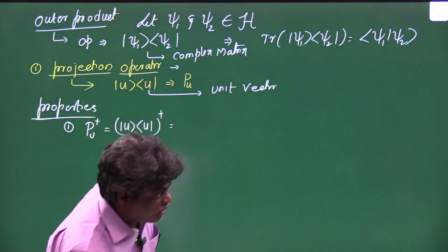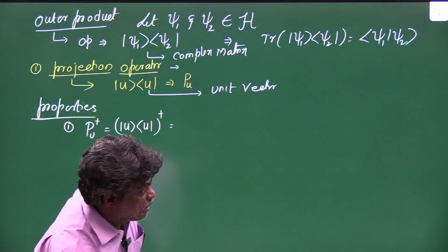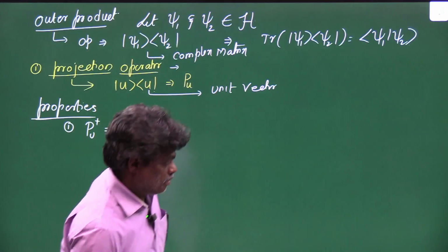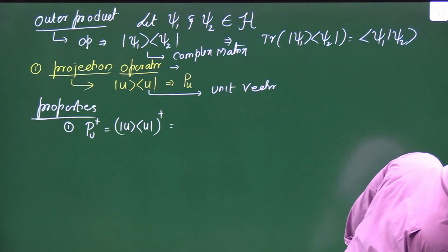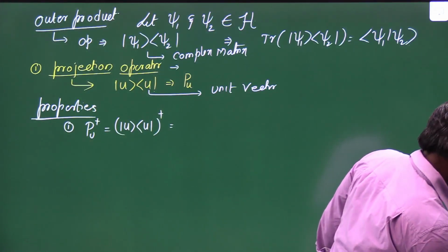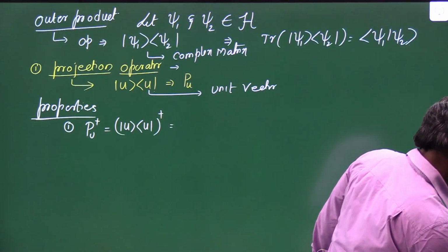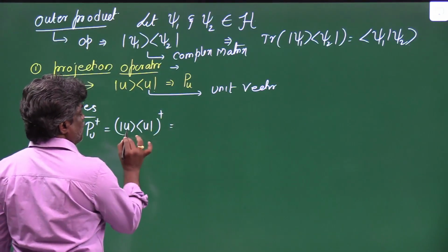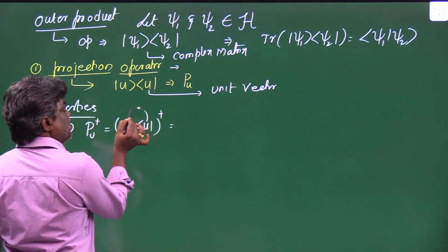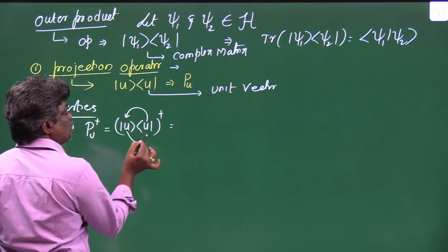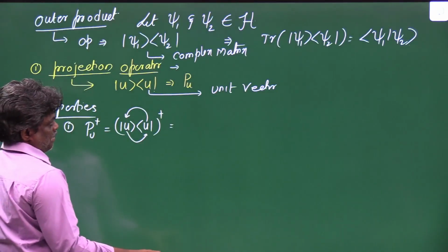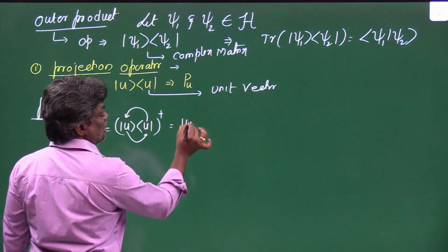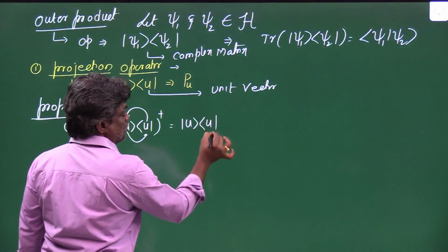So the ket vector goes to the bra vector and the bra vector goes to the ket vector. Am I right? So you get back the same projection operator.